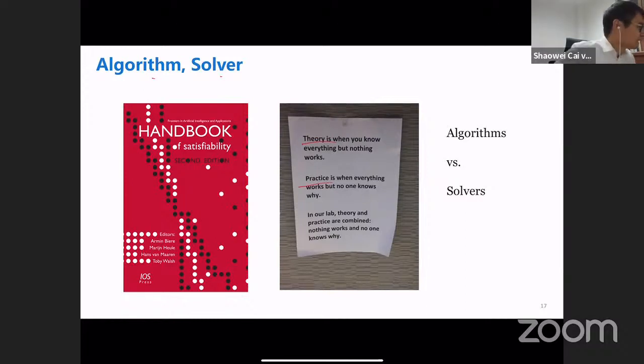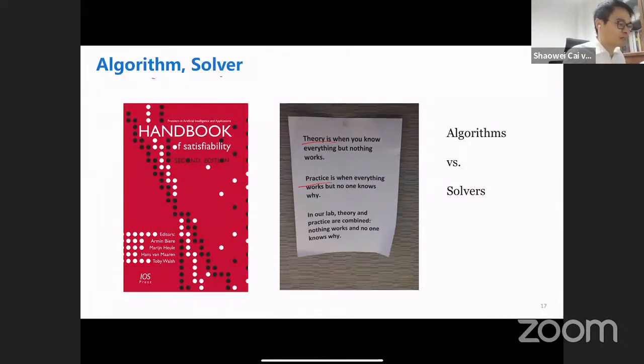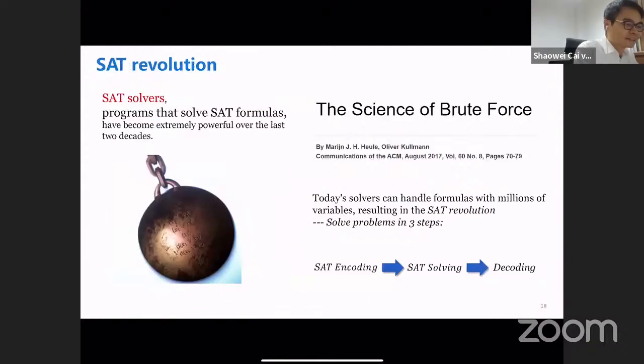I remember when I attended the first SAT conference in 2009 or 10, there were two groups of people in the coffee break, one about the theoretical and one about solvers. But we rarely find these two communities talking to each other, and I really think they should talk to each other.